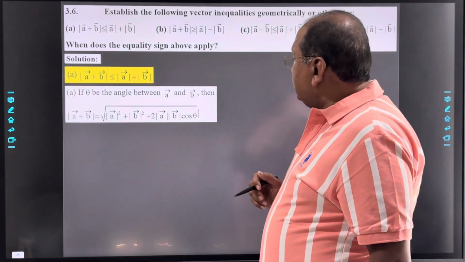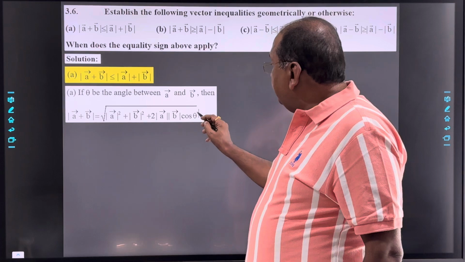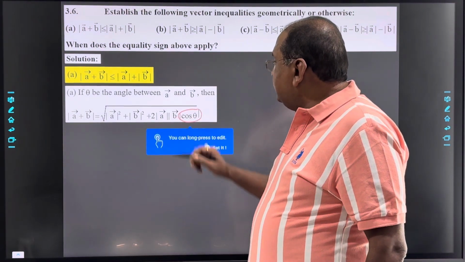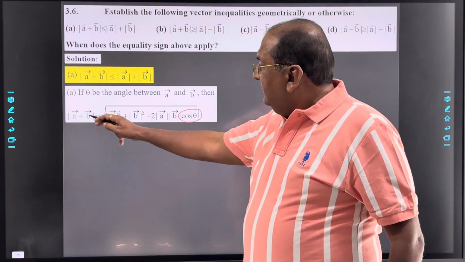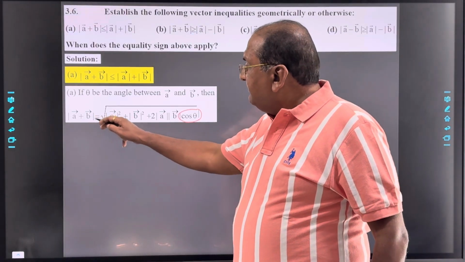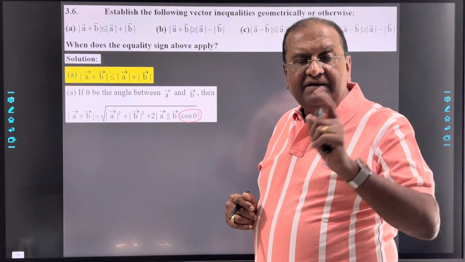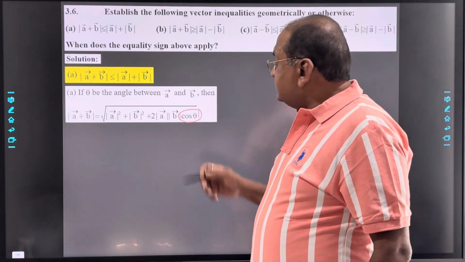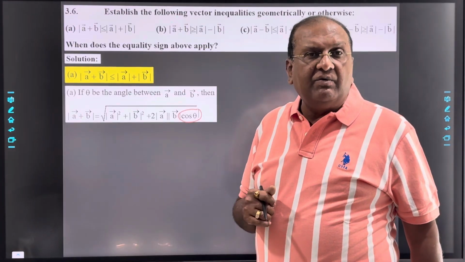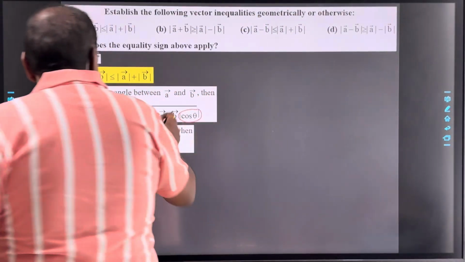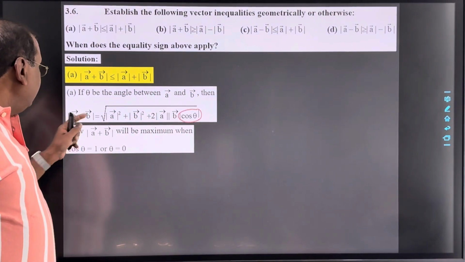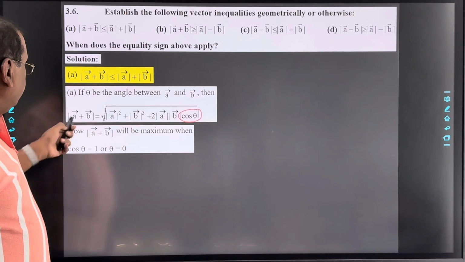From this equation, mathematically we can say, if cos theta is equal to 1, then magnitude a plus b will be maximum. Cos theta is 1 means theta is equal to 0.